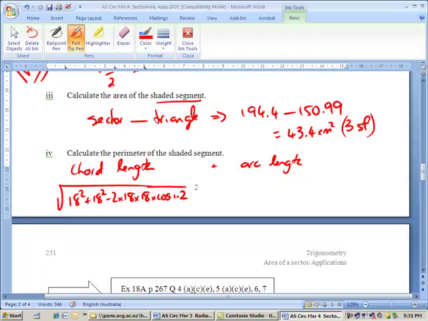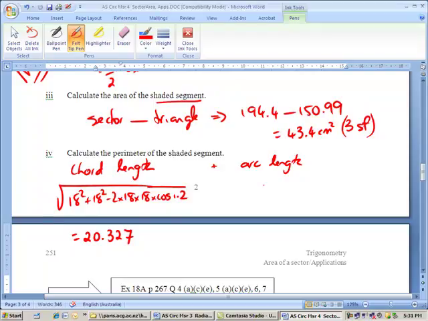Okay, here's another case of pressing a trig function, so making sure that you have it in your radians mode. And that gives me 20.327.